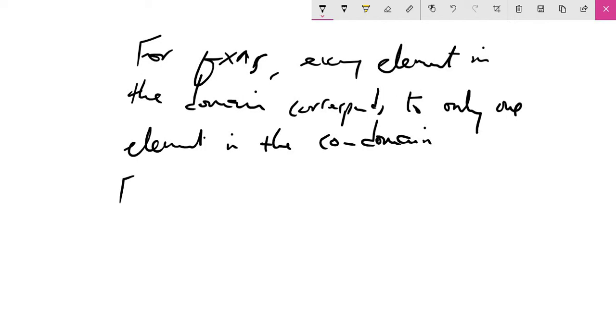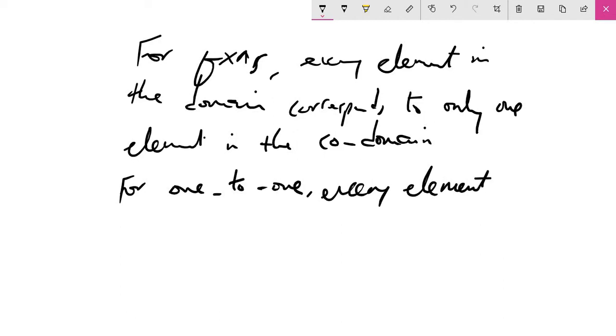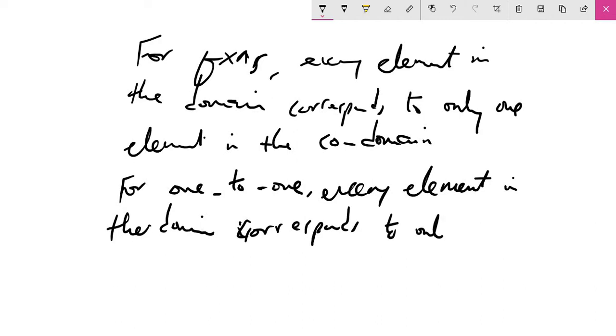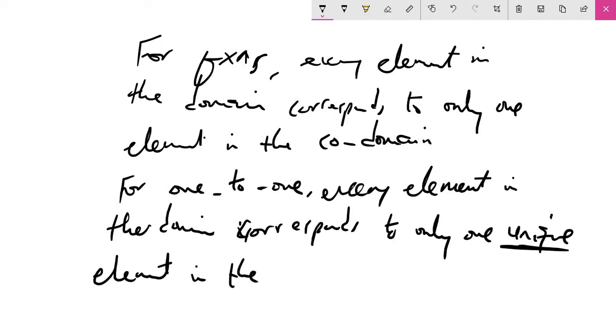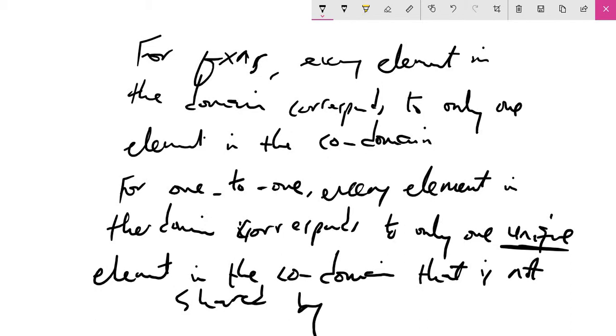Now, for one-to-one, every element in the domain corresponds to only one unique element in the codomain that is not shared by any other element.